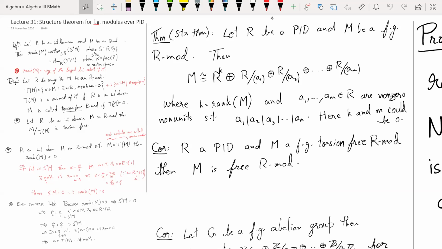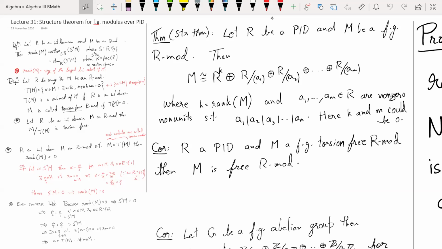Once you know the structure theorem, it becomes more or less straightforward why this should be true.